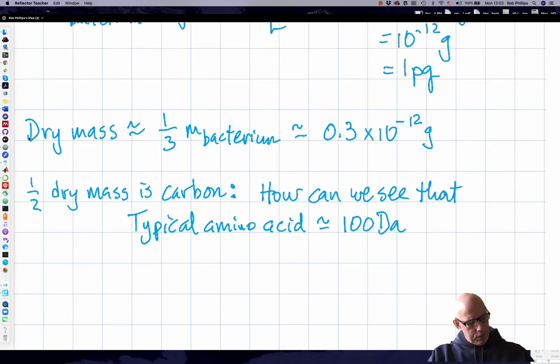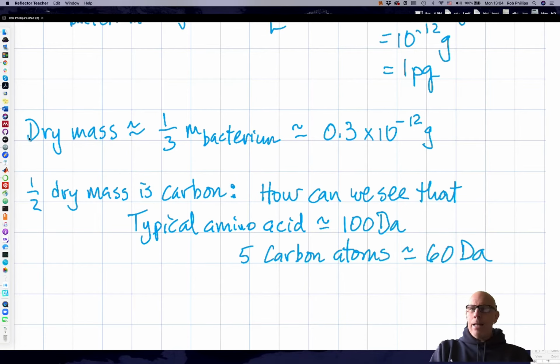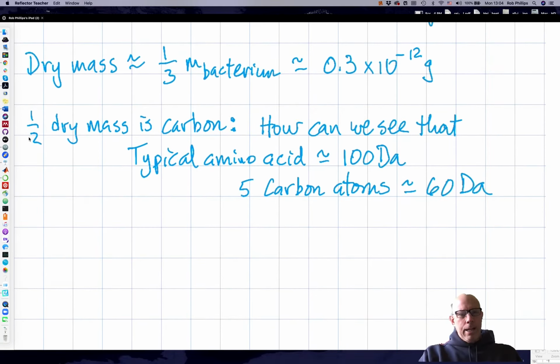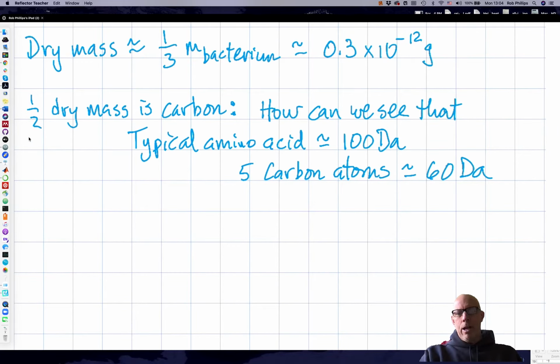And there's usually, let's say, 5 carbon atoms, which is around 60 Daltons. And so, that's my indication that roughly half the mass is carbon. Okay, that's a very slick, sort of sloppy way to go after it, but that tells the principal parts of the story. So, what do I learn from that?